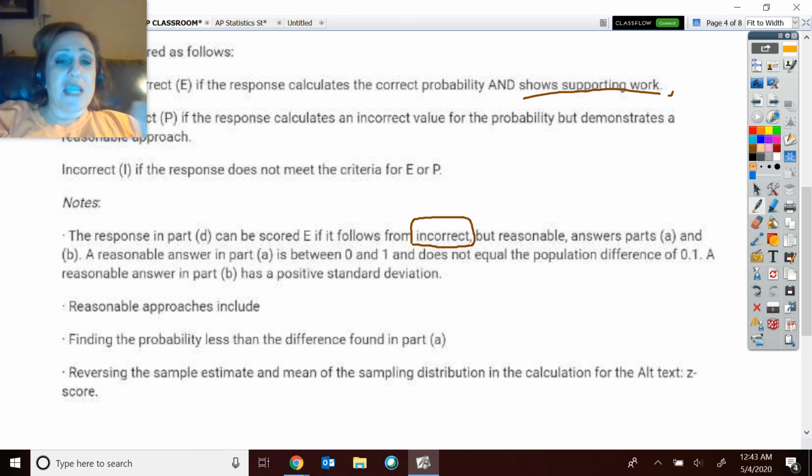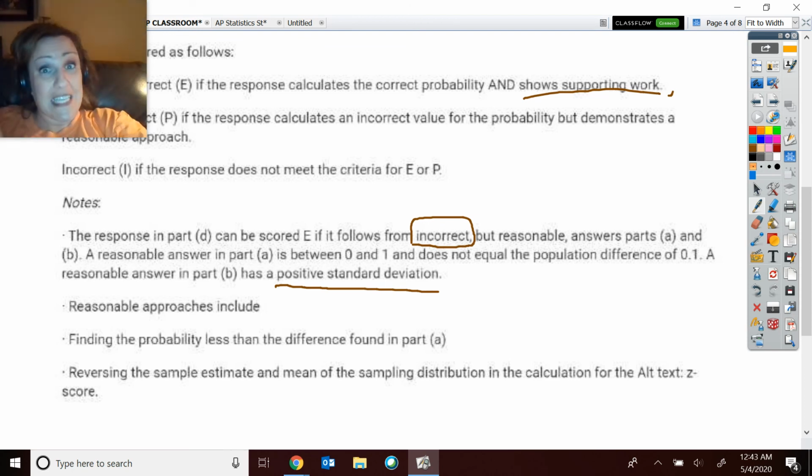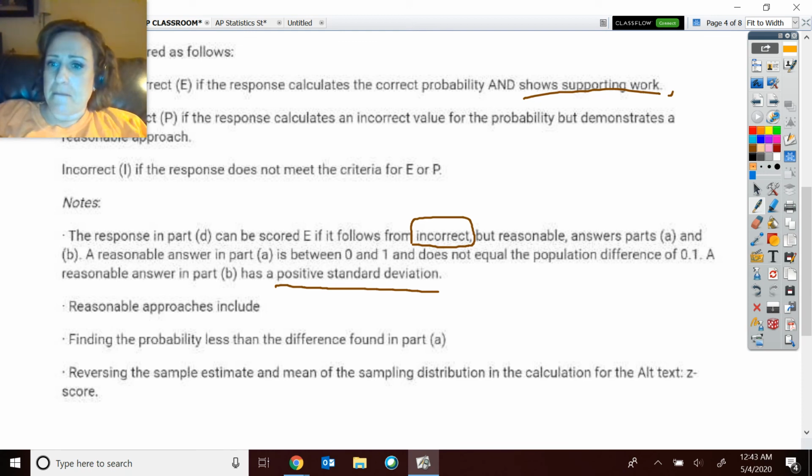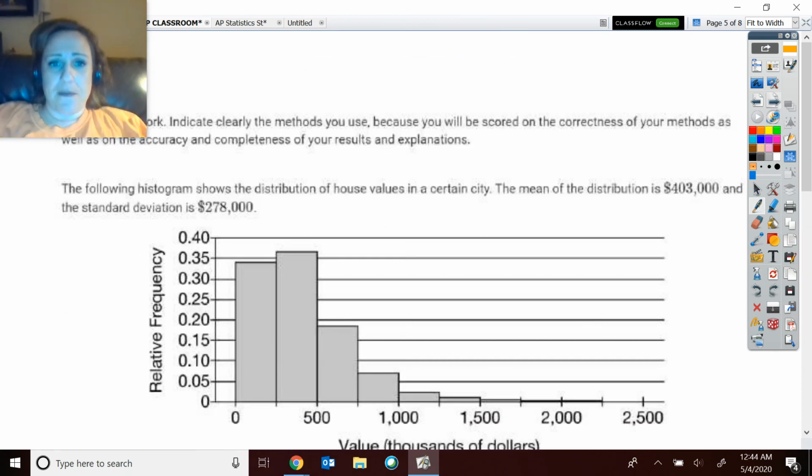Okay, so like you have to have a positive standard deviation. That standard deviation is an average distance from the mean, so you can't have a negative average distance from the mean. But anyway, so if you had reasonable answers for A and B, and you use those properly in part D, you get full credit in part D. Okay, so that's what that's saying. Alrighty then. So there is the conclusion of that.